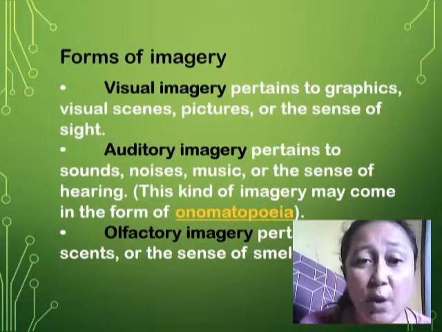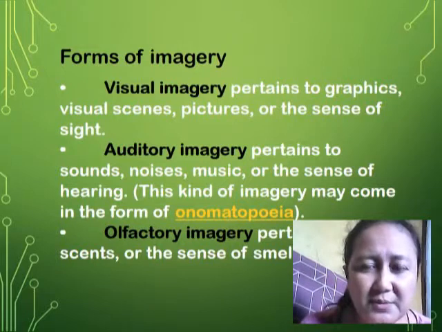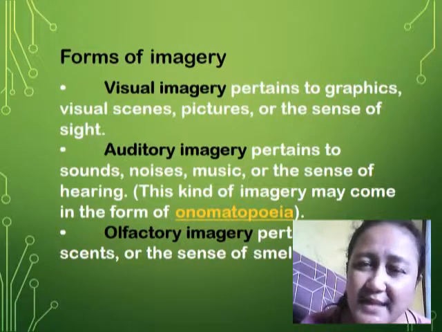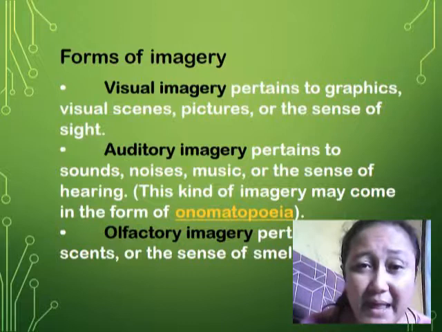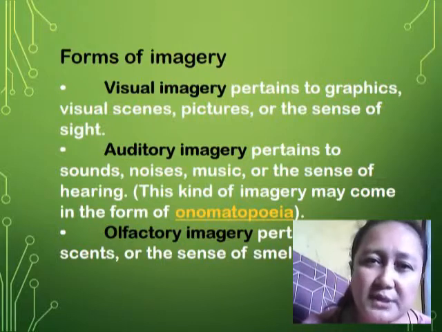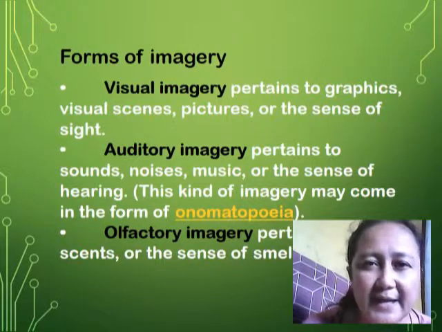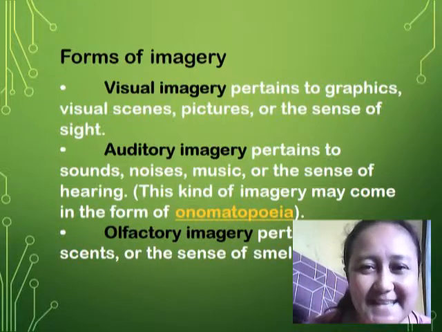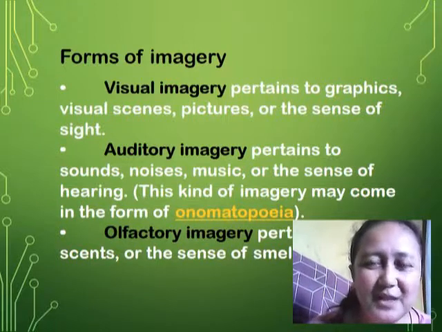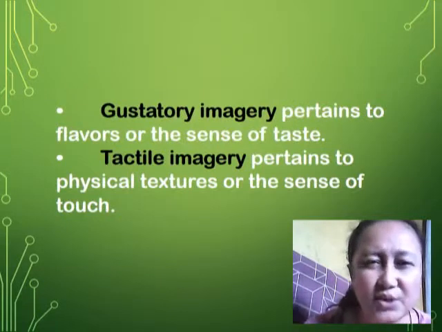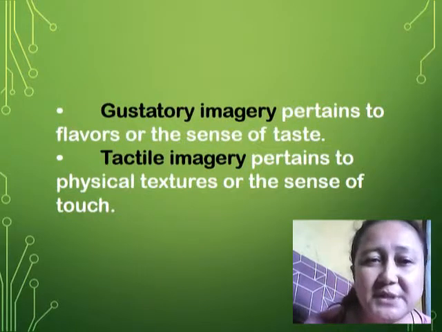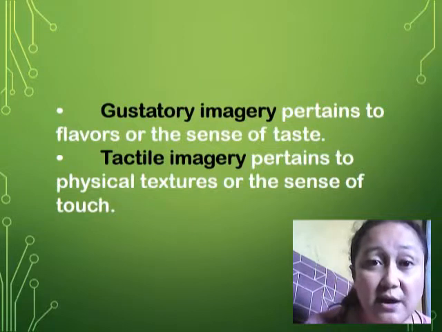Then we have the olfactory imagery. It pertains to the sense of smell. So we use describing words like aroma, sweet, pleasant. And then we also have the gustatory imagery, which pertains to flavors or the sense of taste.